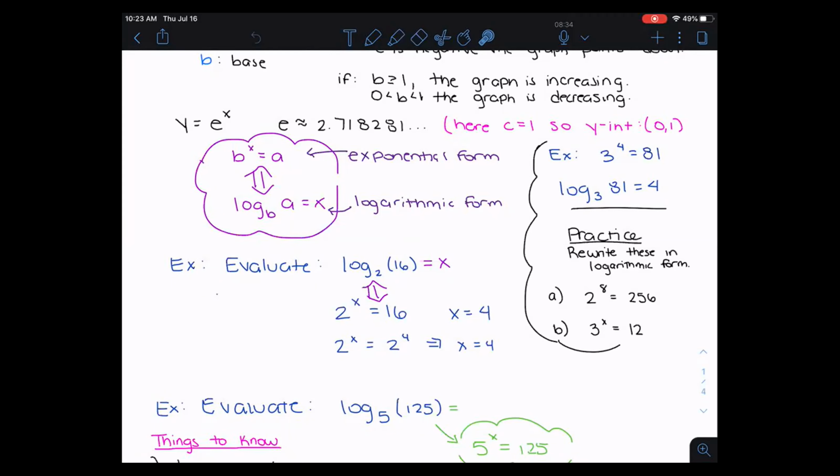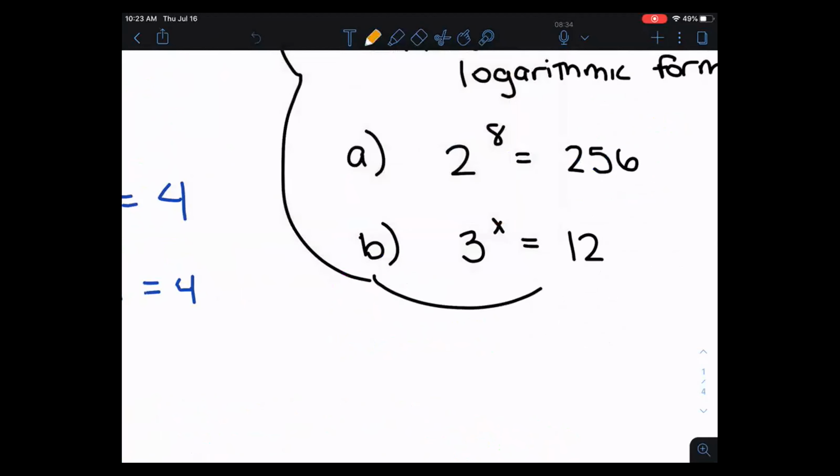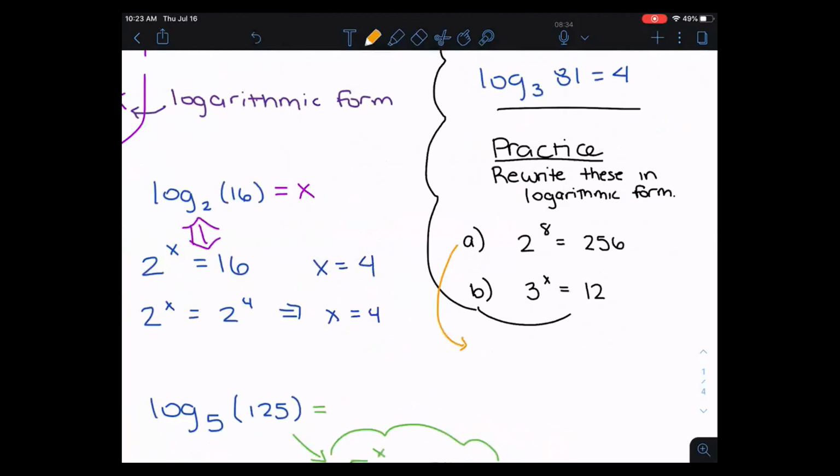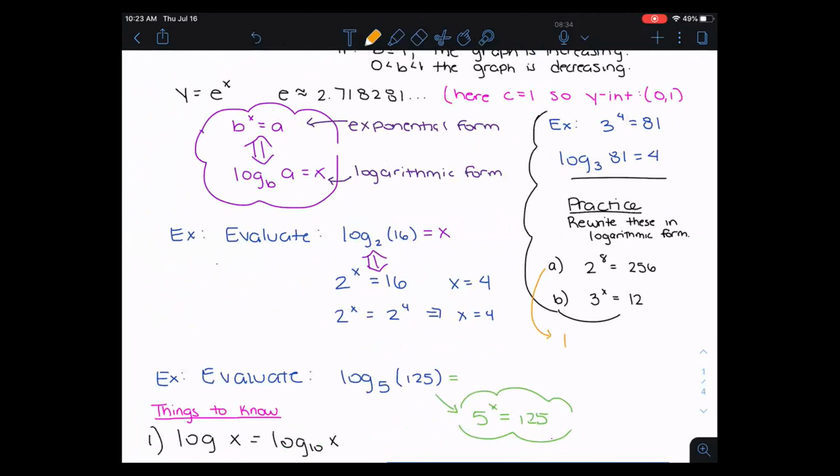Okay, so I got a couple of answers for A and B. So now let's do A. For A, we're going to write log.